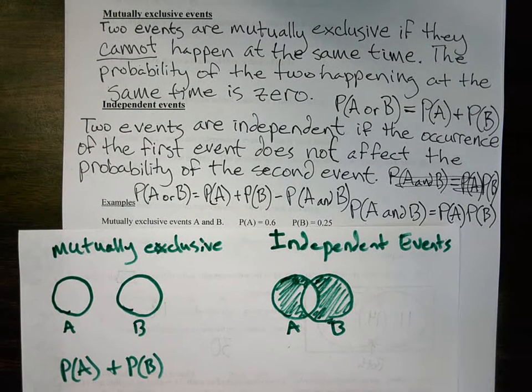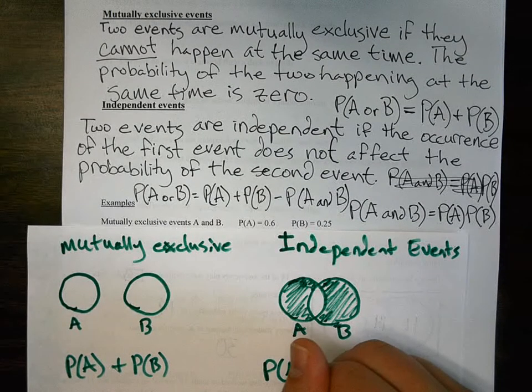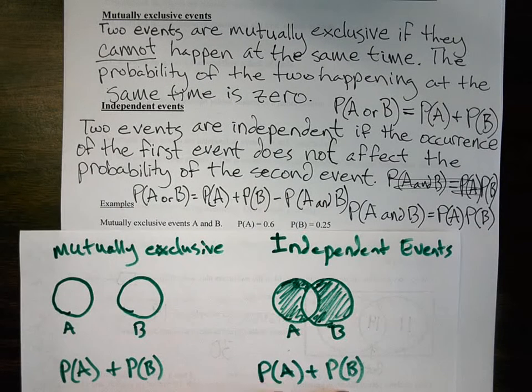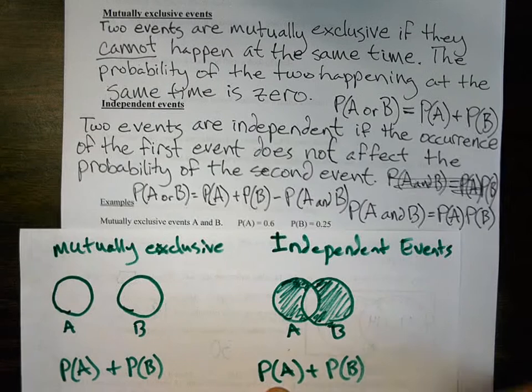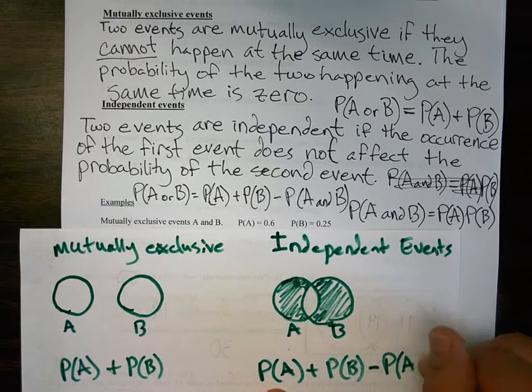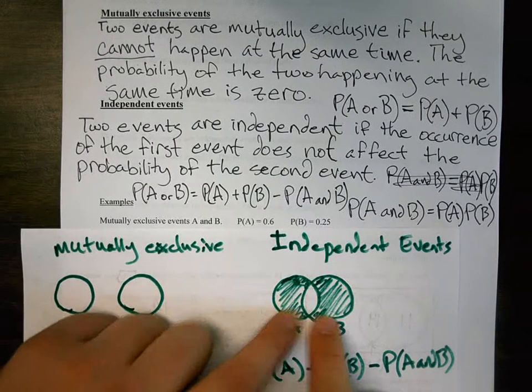If you want to think about it visually, all I'm doing with this formula is saying the probability of A plus the probability of B. Now these two together would include this overlap, it would be this whole thing. But I don't want all that because I want to get rid of the both part, the and part. So I'm going to go minus P of A and B, which is just subtracting this section from the whole.